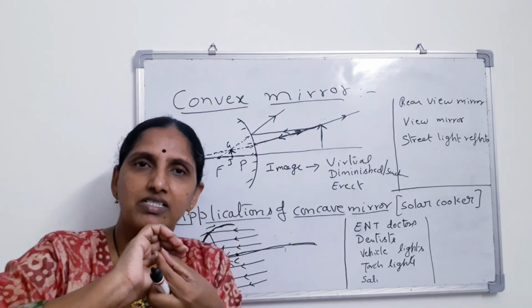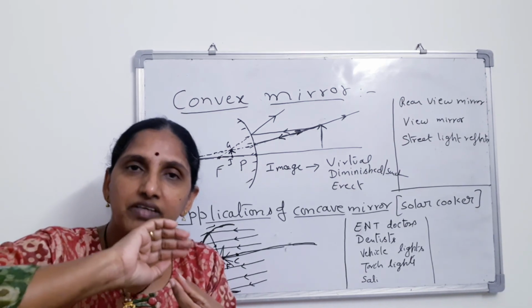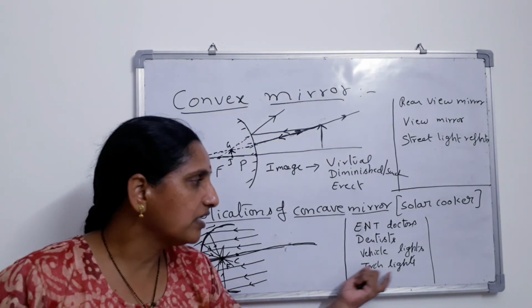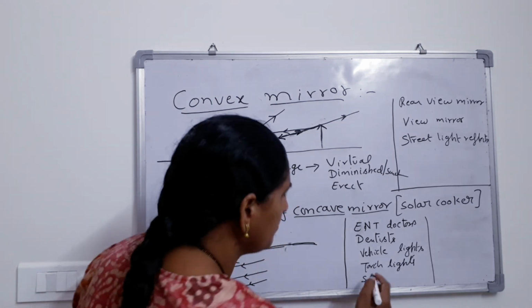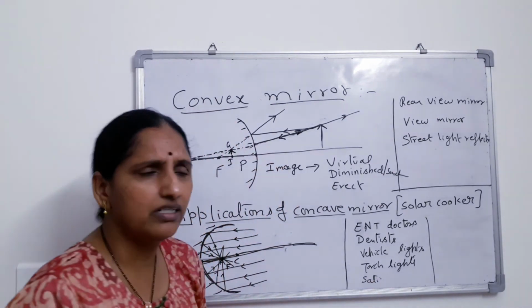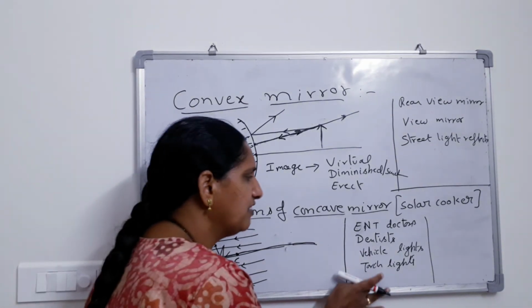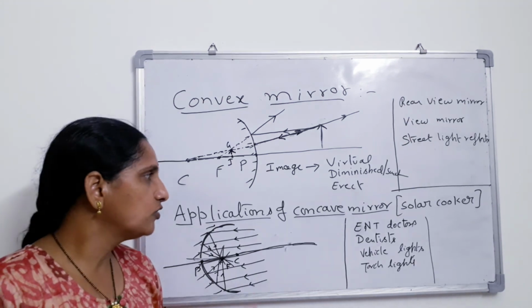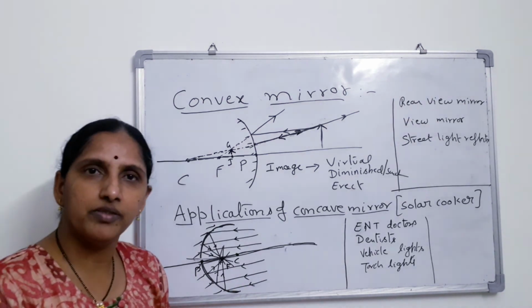Because the light falling on the reflecting surfaces is reflected and focused with much more brightness. Even satellite mirrors use concave mirrors, but those come under scientific applications, while these are everyday life applications. So this is about the applications of the concave mirror.